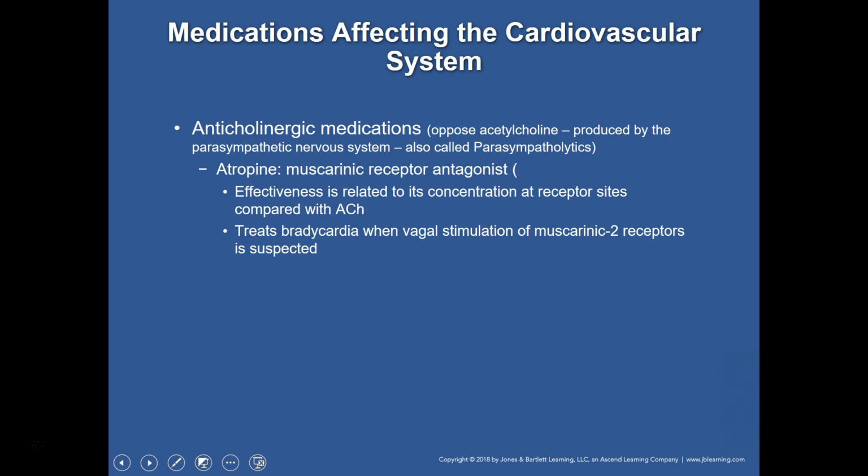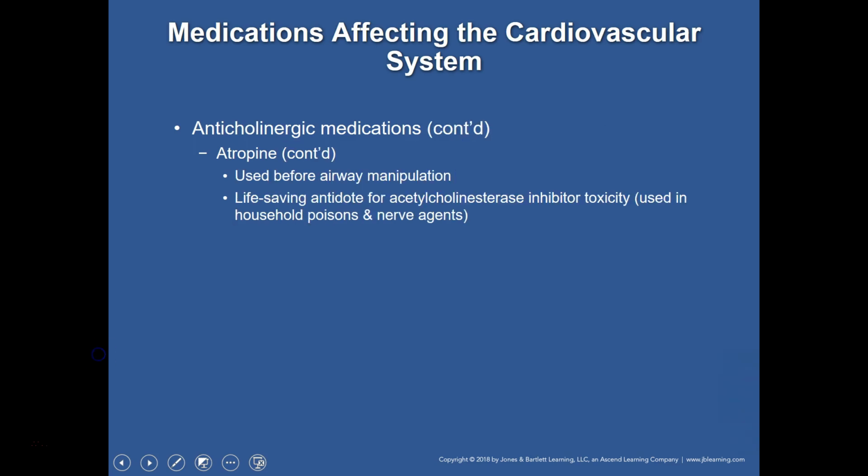So atropine is one of those anticholinergic medications that opposes acetylcholine, and it's also called a parasympatholytic. So atropine causes a sympathetic nervous system response by blocking the parasympathetic nervous system. Okay, so that's how atropine works. Sometimes it's used before airway manipulation because sometimes intubating patients can cause some bradycardia.